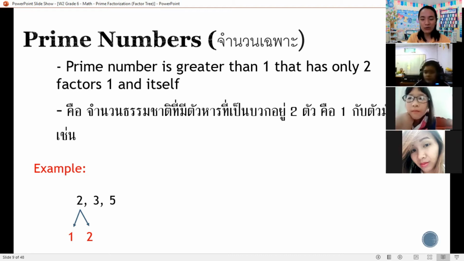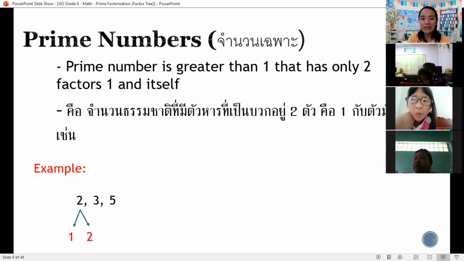Okay, so take note that when we are finding the factors of a number, we always start with the lowest number, which is 1. Do you understand? Is that clear? And then we always end with the highest number, which is the number itself. Is that clear? Now let's move on.